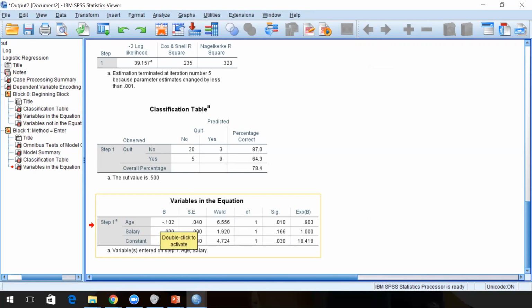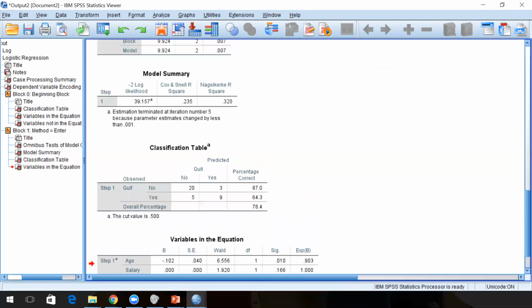Okay, are they something we would expect in the population? Well, age is statistically significant, so yeah, we are likely to have a relationship in the population. With salary, it's not statistically significant. So in the population, there might be a negative relationship, there might be no relationship. We really don't know. So that's really about as far as you can interpret.